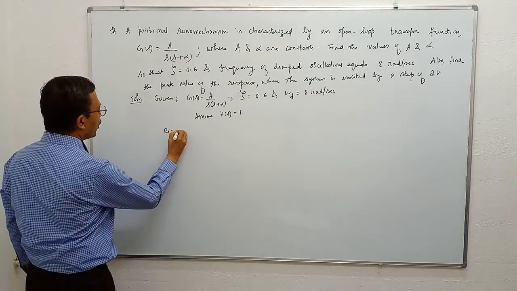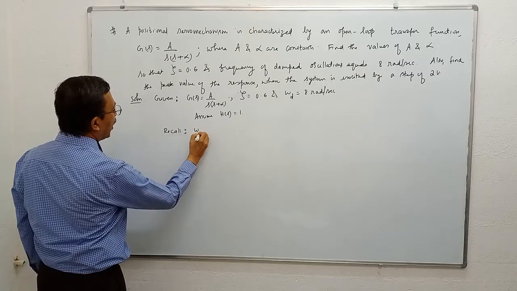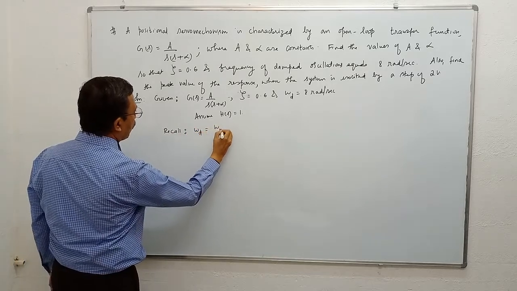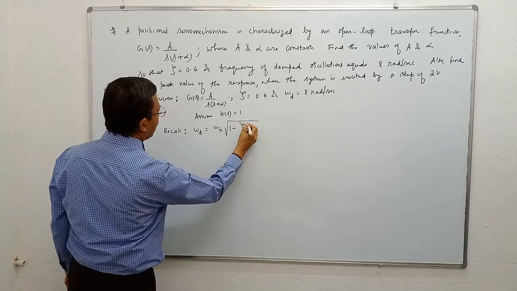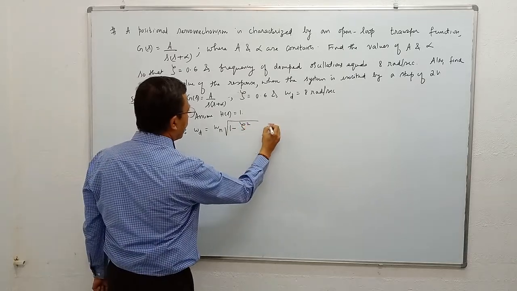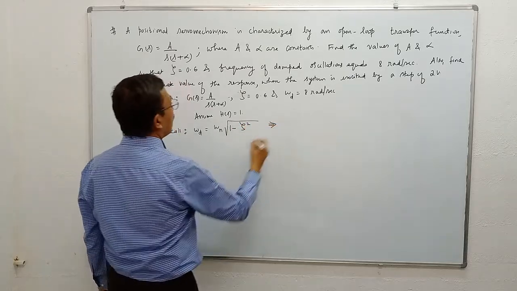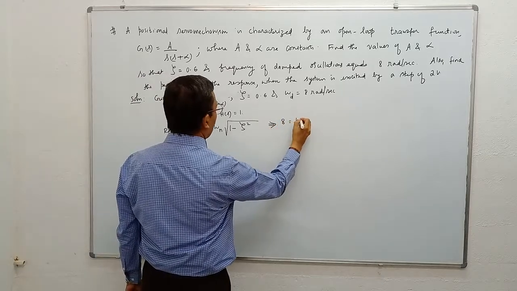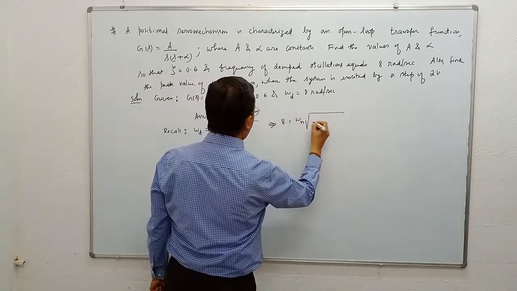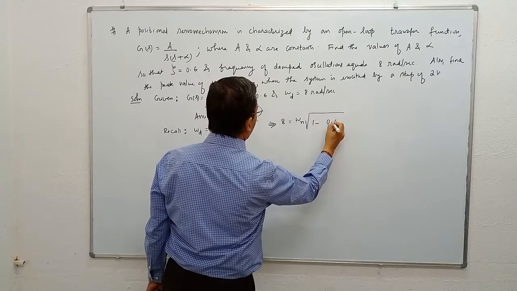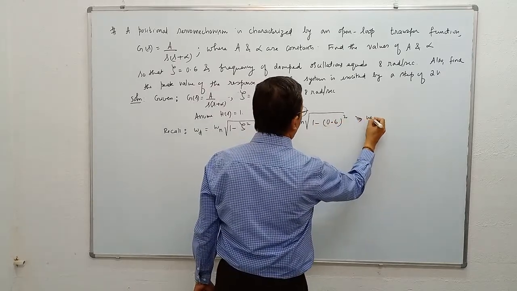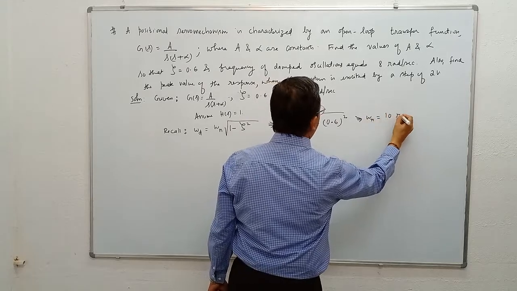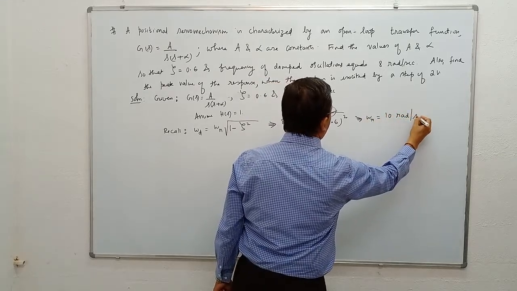Recall omega d is equal to omega n into square root of 1 minus zeta square. This implies omega d is given as 8, which is equal to omega n into square root of 1 minus 0.6 whole square. So this implies omega n is equal to 10 radians per second.